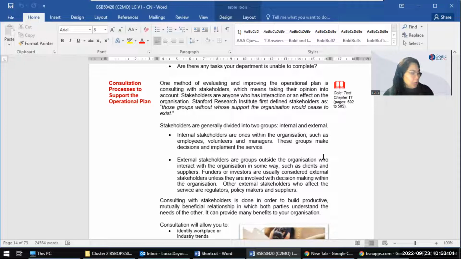Okay, so just to give you a bit of background on the particular project I was involved in, which was part of the business operational plan, it was to implement a new system, right?